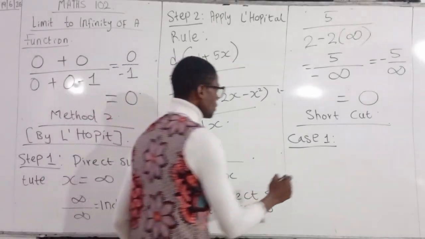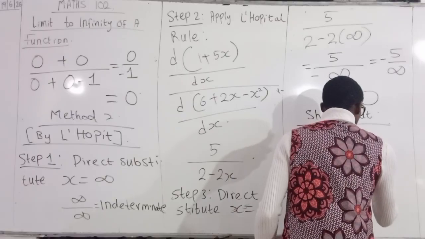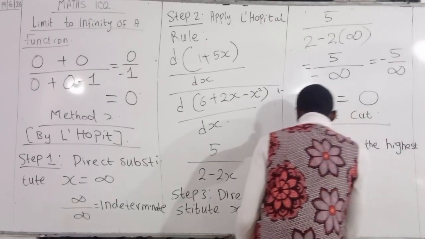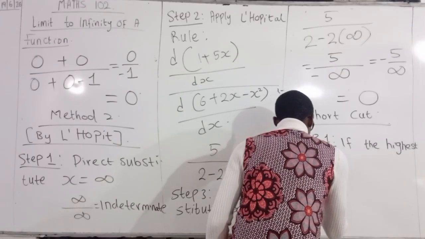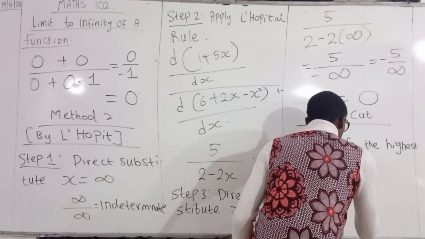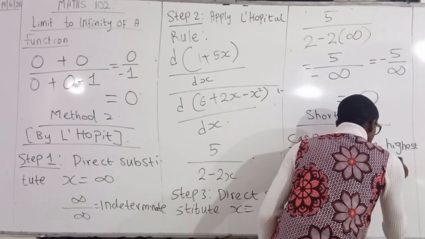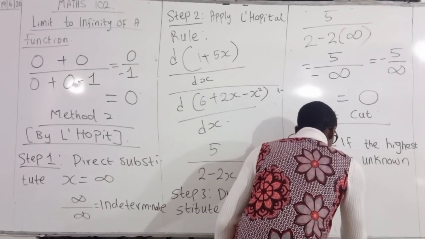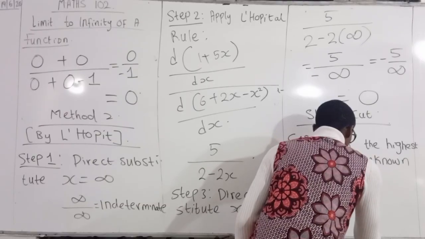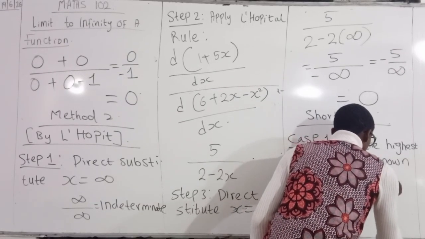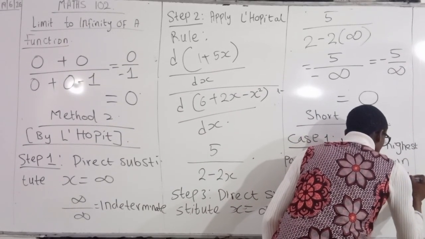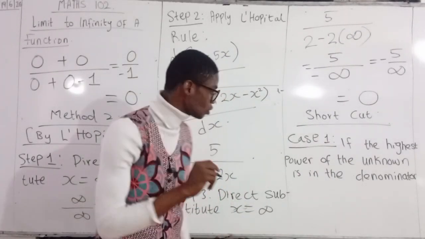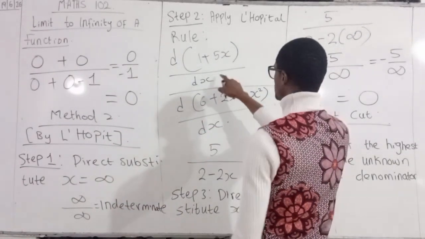Write it down now. If the highest power of the unknown is in the denominator, like for example, now we have this case, right?